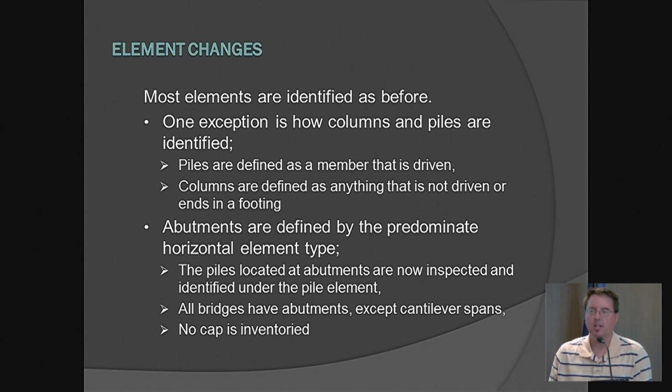One thing that we've looked at is that piles were driven into the ground, and columns were something that ended in a footing. So if you're looking at your report and you're seeing these and wondering what's the difference, that's how ODOT elected to split the difference and figure those out.